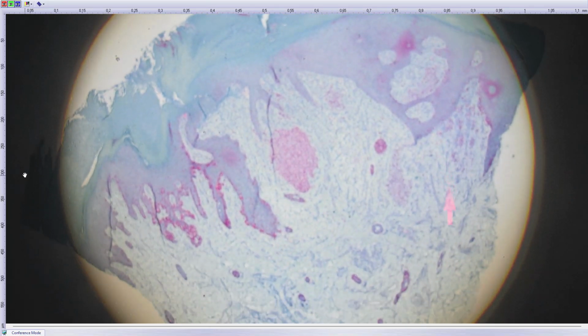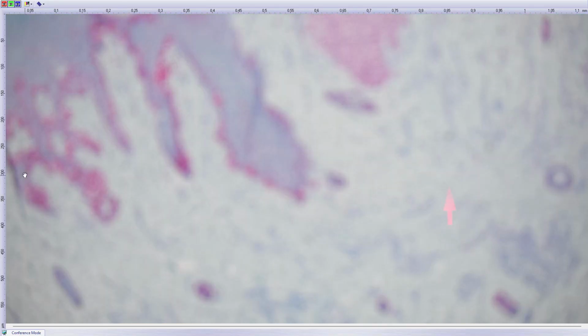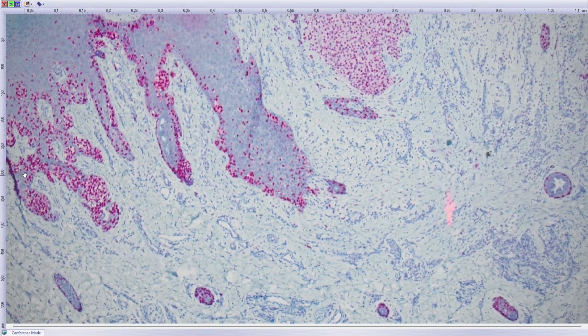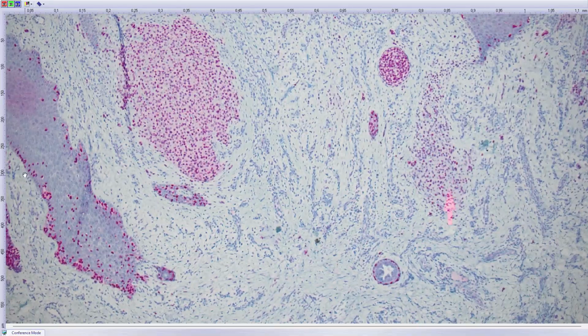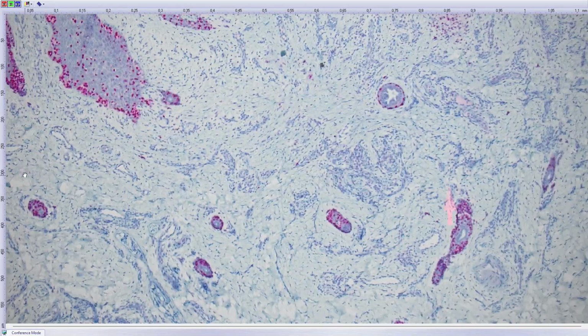Then we did PRAME staining. And you see here nice positivity, especially in nodules arising in the background of the lesion.